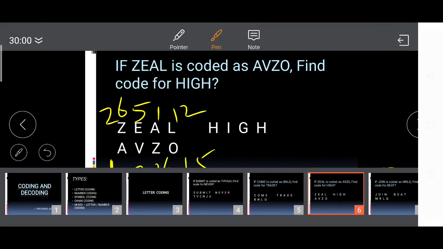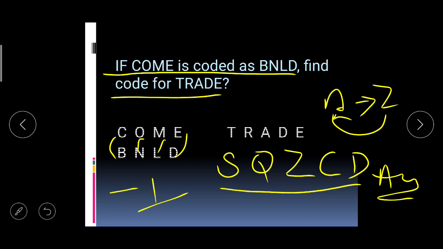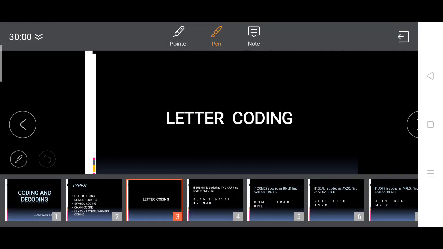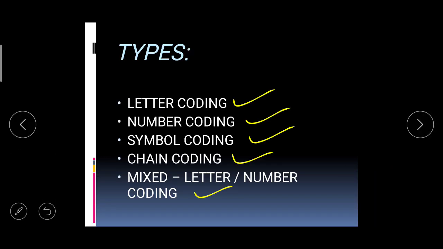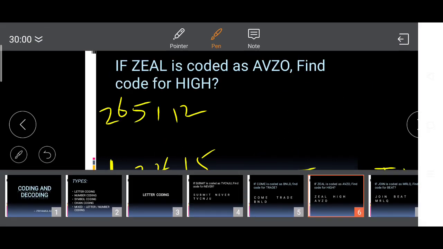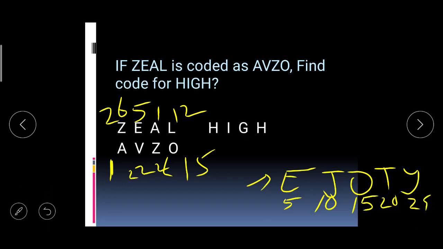Okay, 26 and 1, 5 and 22, 1 and 26, 12 and 15, right? So how are we getting this data?